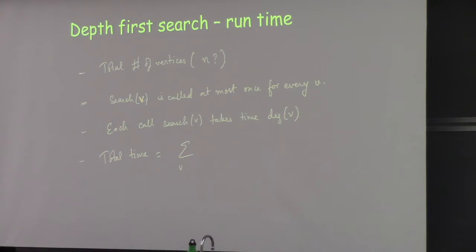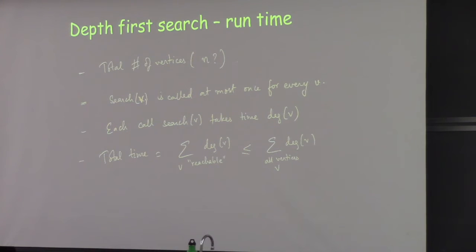So the sum over all V reachable, let's say, of the degree of V. And this is of course less than or equal to the sum over all the vertices of the degree of V. And what is this?